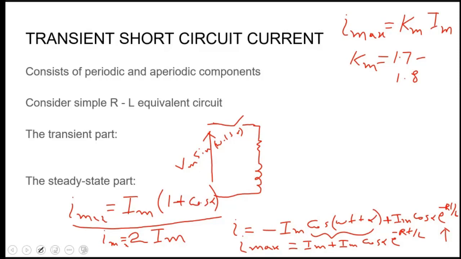Imax is the peak current in the transformer.